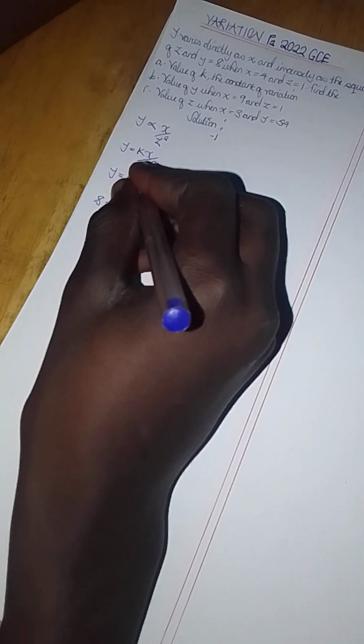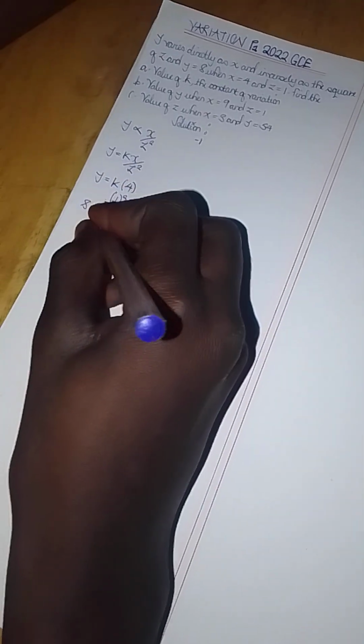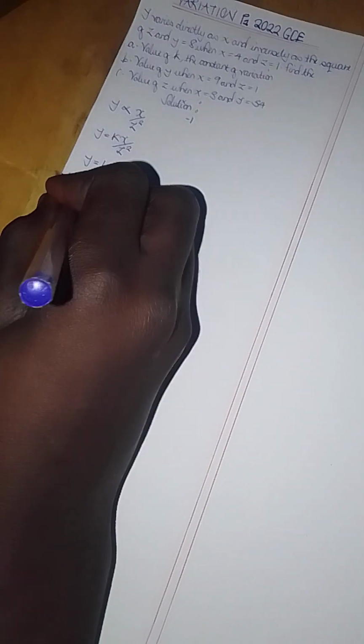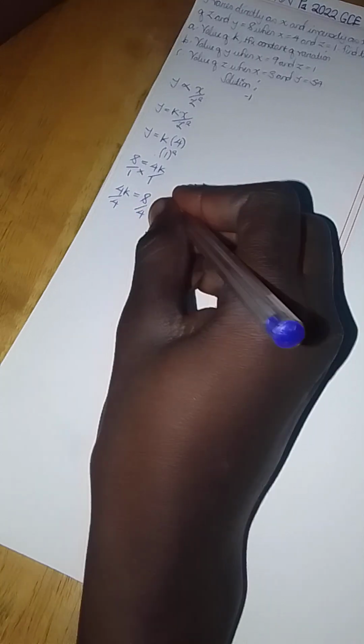So 8 equals k multiplied by 4, 4k, over 1 squared, which is 1. Once we have this, we can cross multiply, which is 4k equals 8, so k equals 8 over 4. So k equals 2.